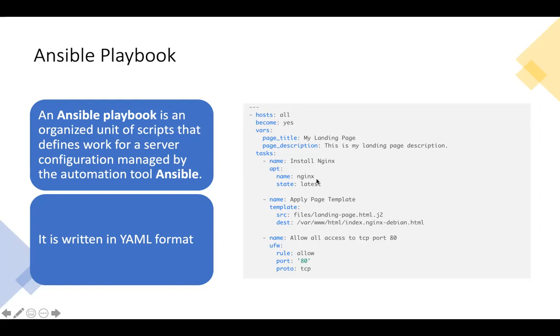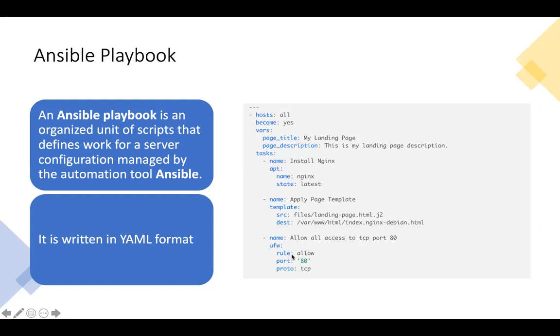Here they are just trying to install Nginx. Nginx is like an Apache web server or stuff like that. Then here they are trying to apply a template. This is the source and destination.